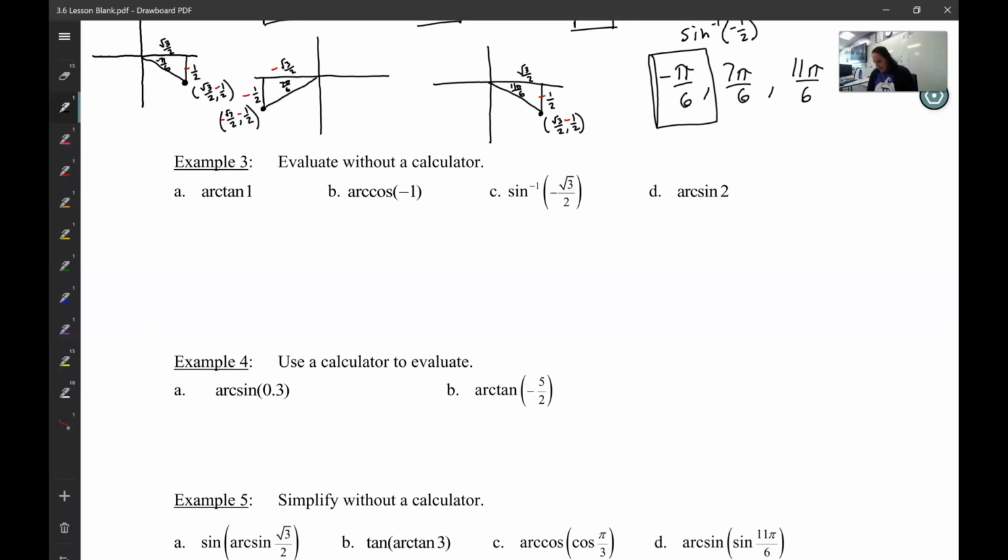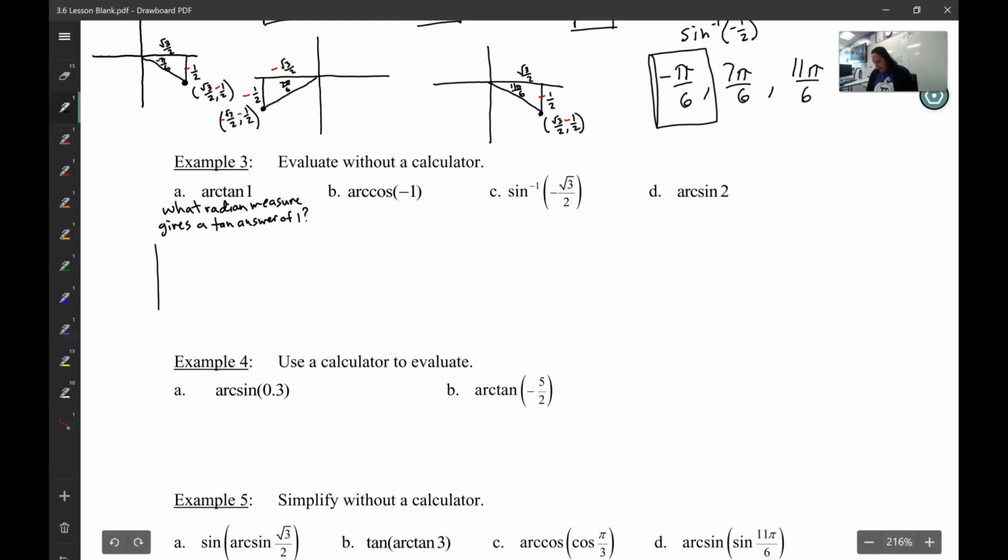Arctan of 1. That is, what radian measure gives a tan answer of 1.